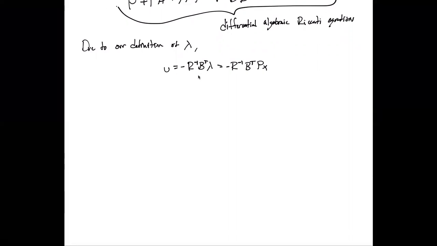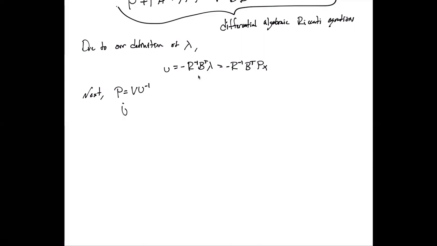So what do we do next? Now the problem is transferred to solving for this P matrix for all times between T naught and TF. And so next we can take an equivalence: P is equal to two matrices, V and U inverse, where these matrices satisfy the following.